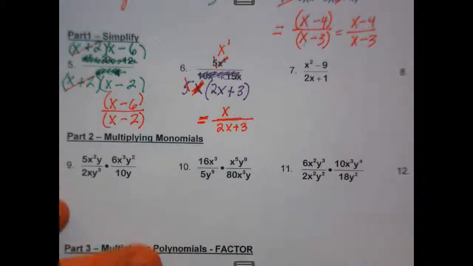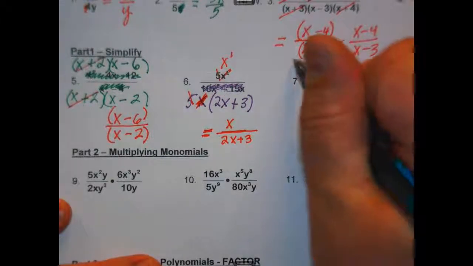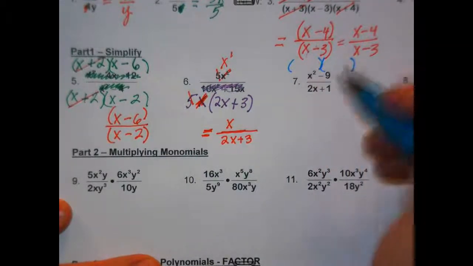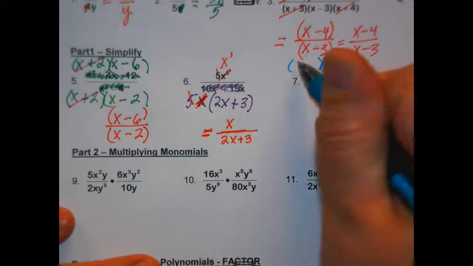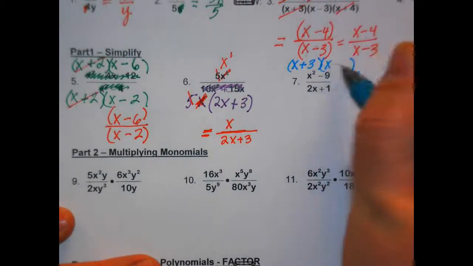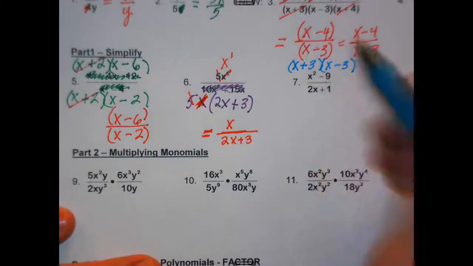All right, number 7. What do I have on top? Yeah, a difference of squares. So I have x plus 3 times x minus 3, because that 9 is 3 squared.